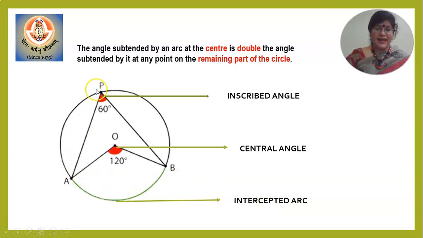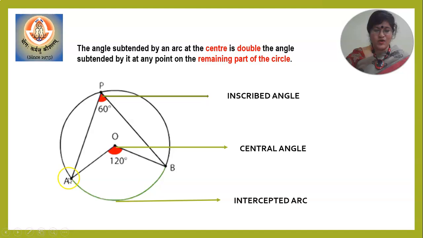Look at this angle APB. Isn't this angle APB on the circle? So this angle APB is the inscribed angle, and it is intercepted. It is formed by which arc? It is intercepted by arc AB.